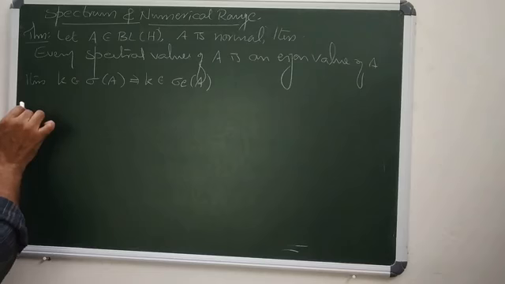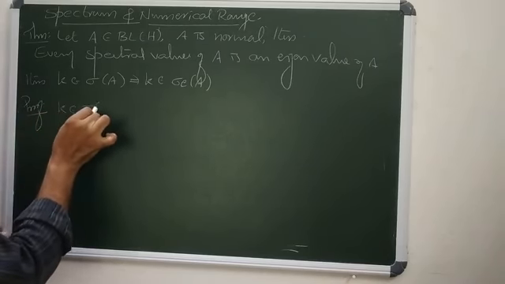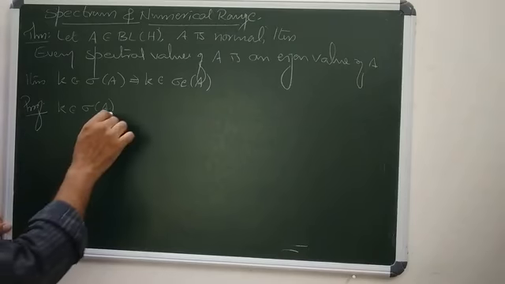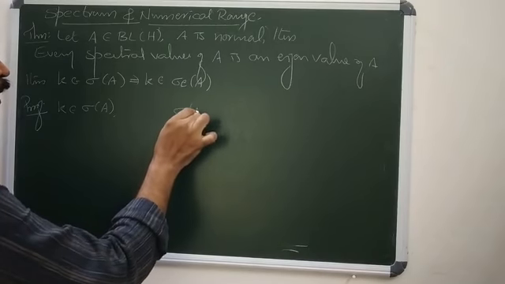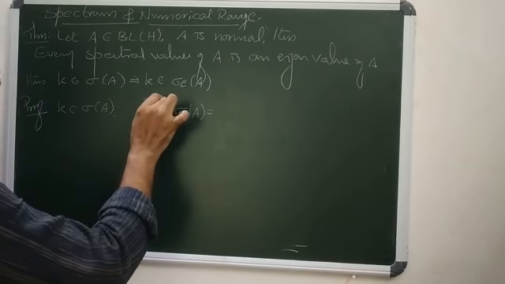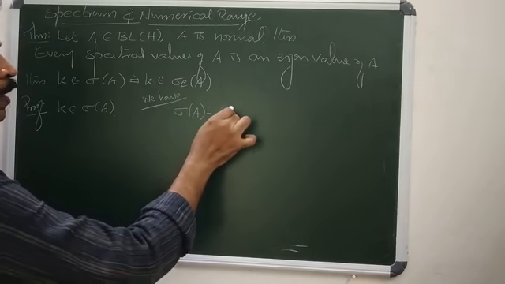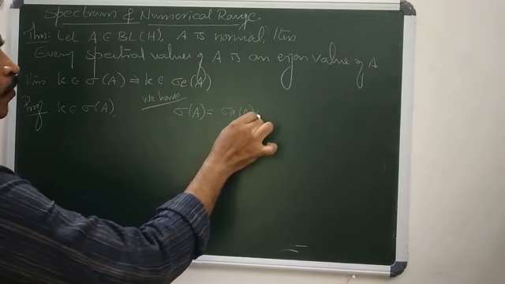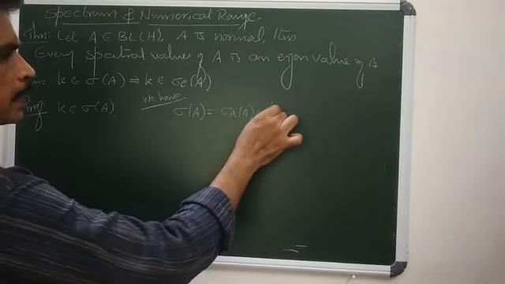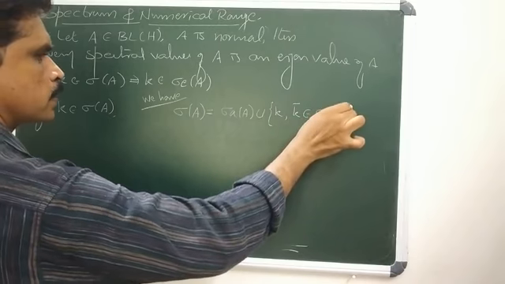How? This can be proved by taking k following sigma A. But we know what sigma A is. We proved this result in the previous class: sigma A equals sigma A of A union the set of all k such that k bar following sigma E of A star.